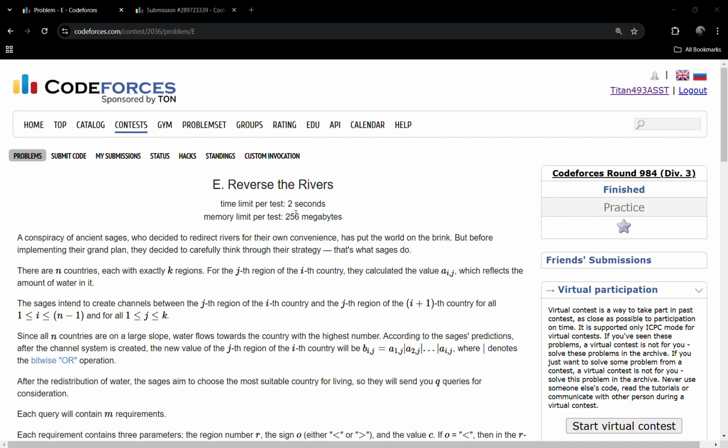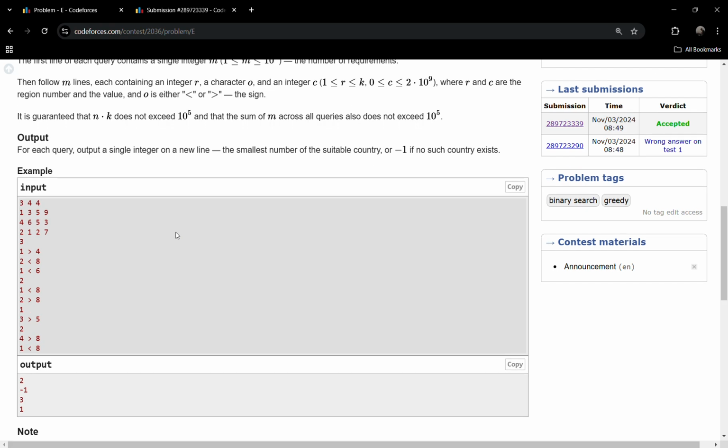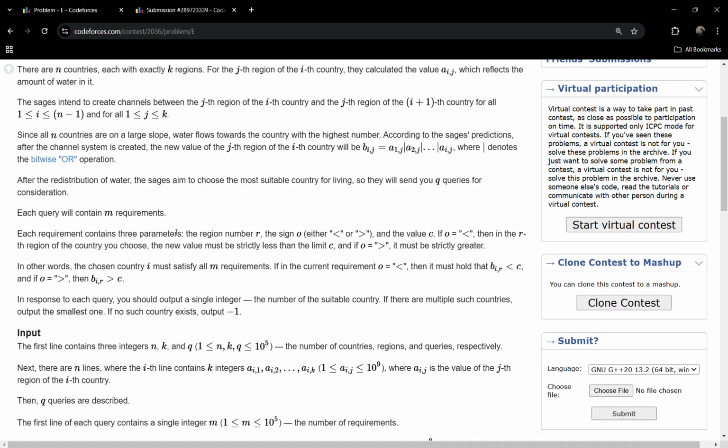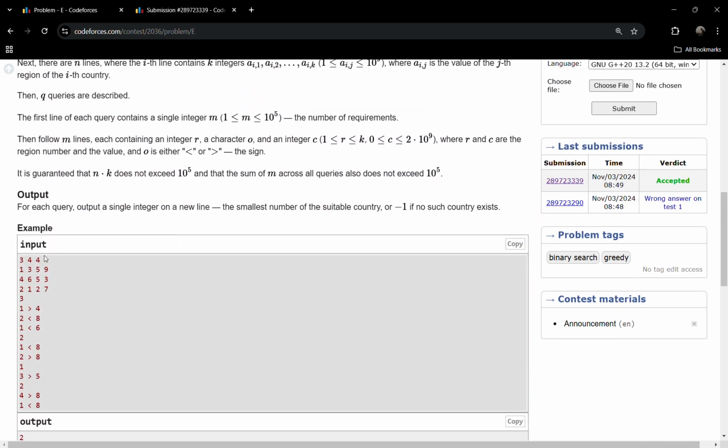Today we will take a look at this question called Reverse the Reverse, which is the recent question from the recent contest, meaning yesterday's contest only. The question states that there are n countries, each having k regions, and we are given a number of queries.